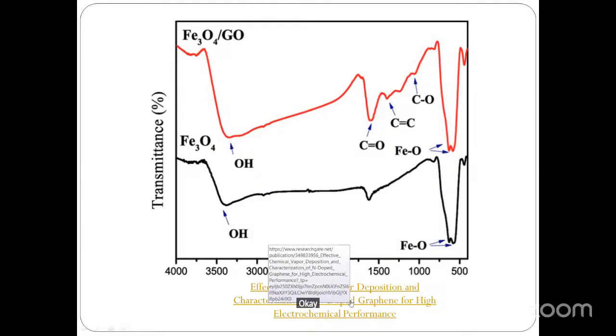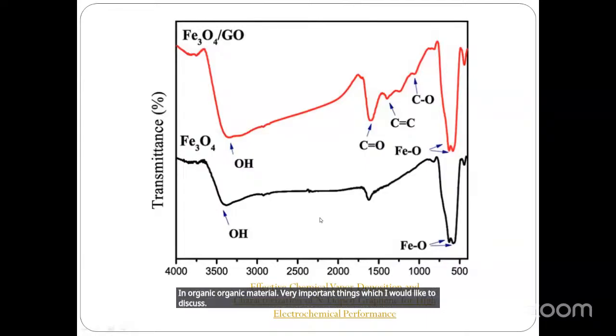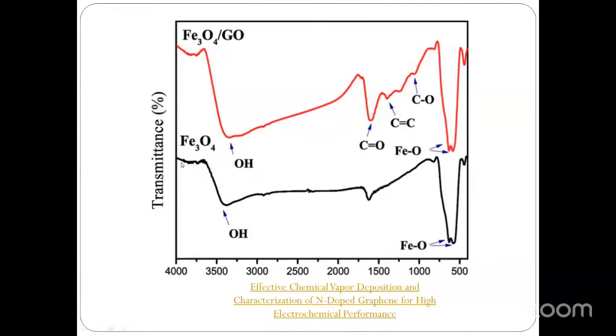Okay. Now this is the IR spectrum of an inorganic material. Very important things which I would like to discuss. This IR spectrum is plotted in Origin. I will show you how to plot.